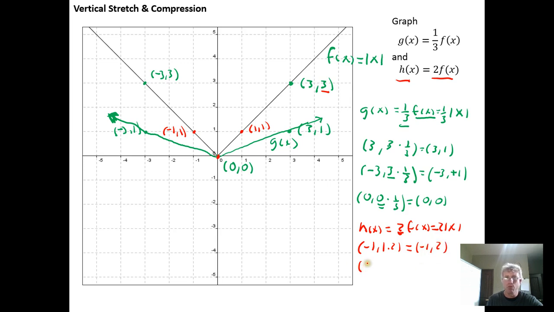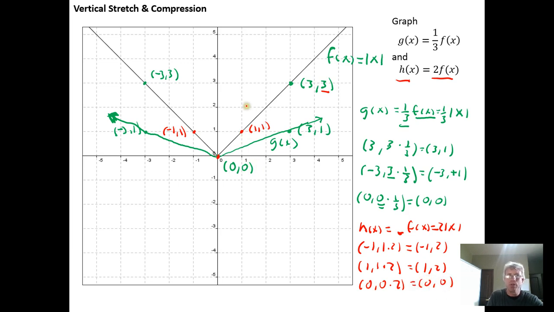The point 1, 1, the output 1 gets multiplied by 2, so this gets mapped to the point 1, 2, and the 0, 0, that 0 is going to be multiplied by 2, so again the origin doesn't go anywhere. Map those points.